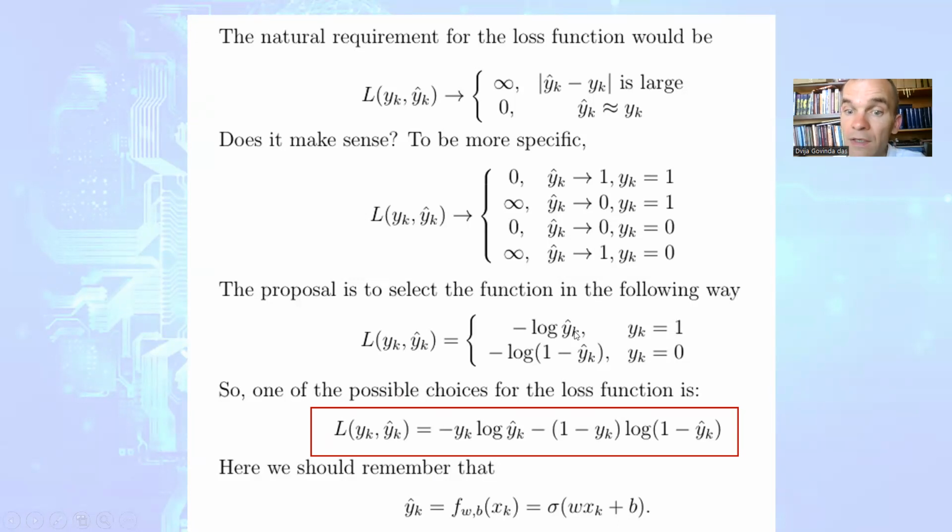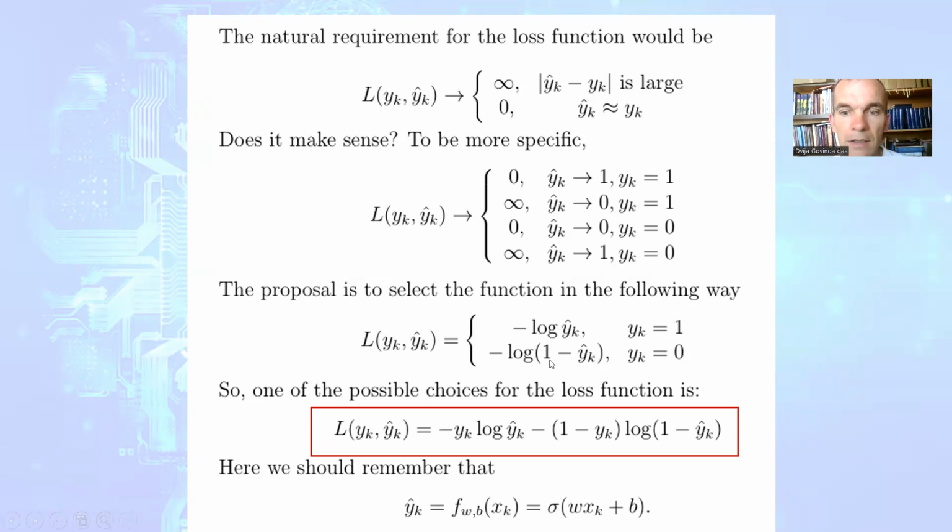And when y hat is 0 while the true value of the label is 1, we will have minus infinity multiplied by minus one, so we will have plus infinity. So this loss function will produce the value of infinity.